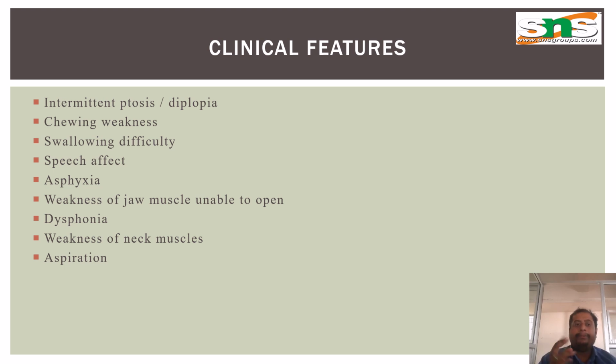They can't open their jaw. Along with ptosis, they can have dysphonia. They can't speak, their sounds won't come out. Weakness of the neck muscles will be there. After that, it will go to aspiration.